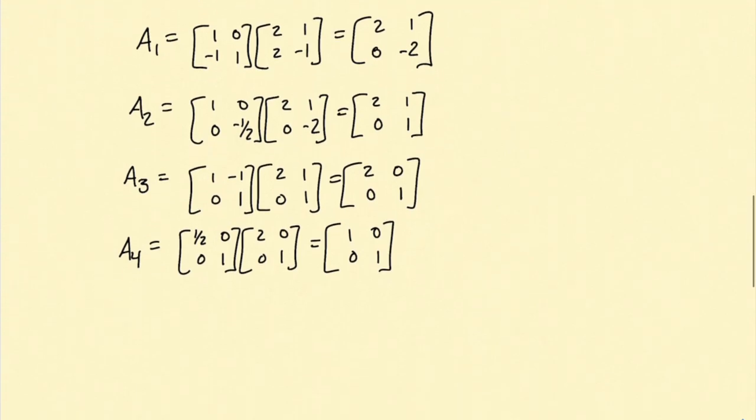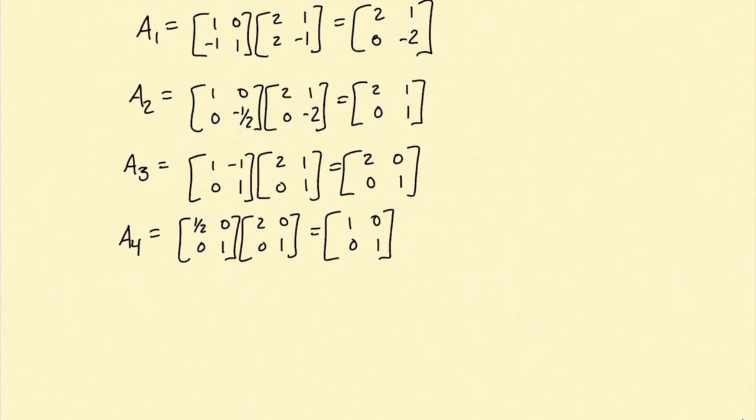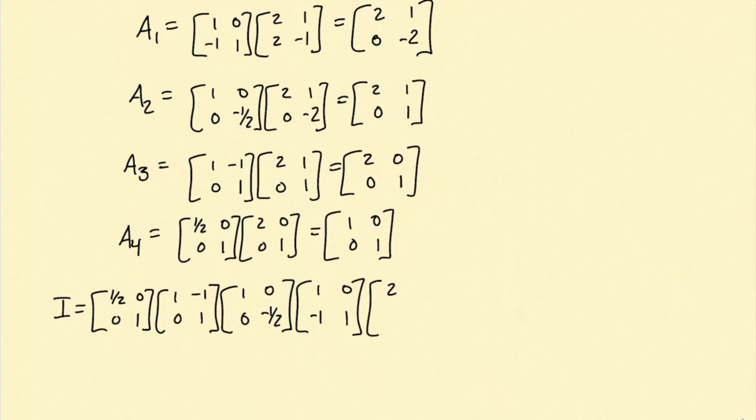So we start off by observing that we can write the identity matrix as a product of the four row operation matrices times A. The determinant of the left-hand side, which is the identity, is 1. We can compute the determinant of each of the four matrices on the right-hand side. The first one is 1/2.